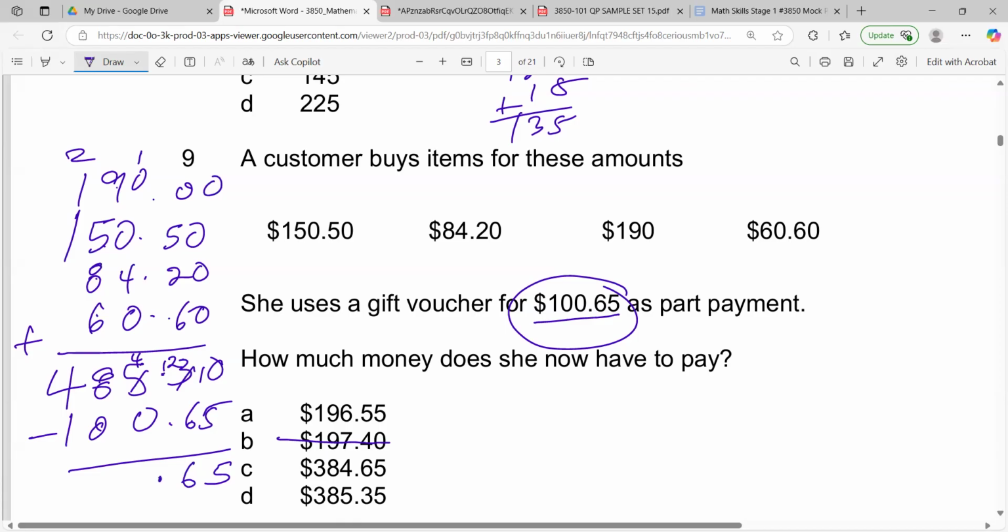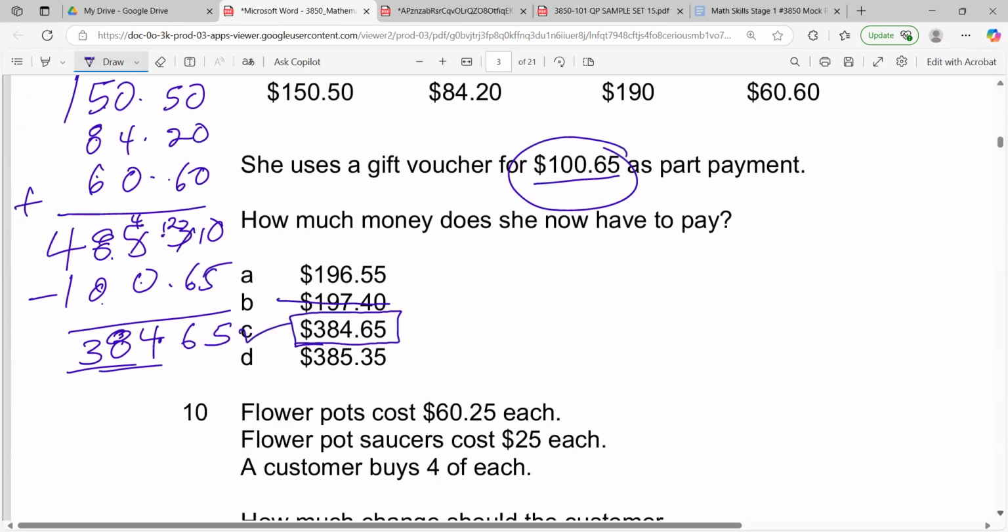And of course, this is going to leave 4. 0 from 4, 0 from 8 is 8, 1 from 4 is 3. So 384.65. Here you go, so this is our answer: 384.65. Now I give the voucher, so I reduce it, right?